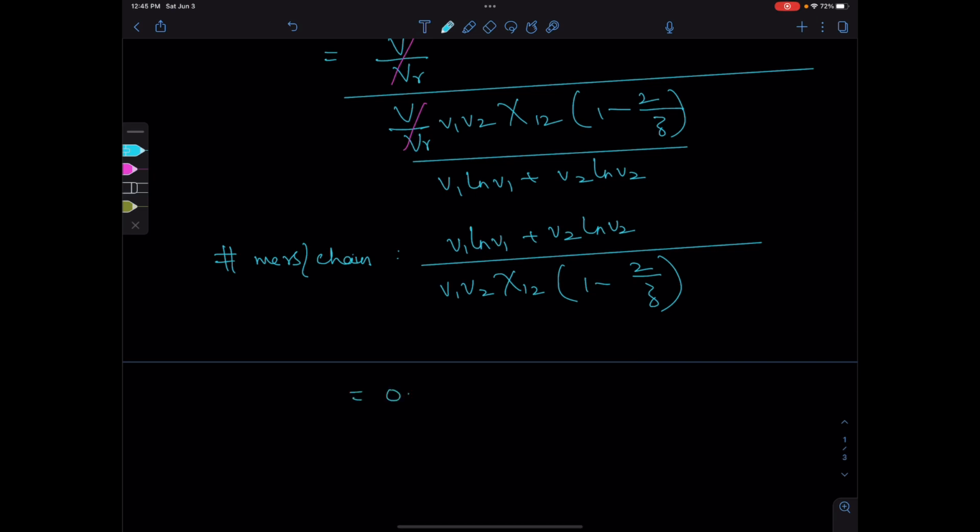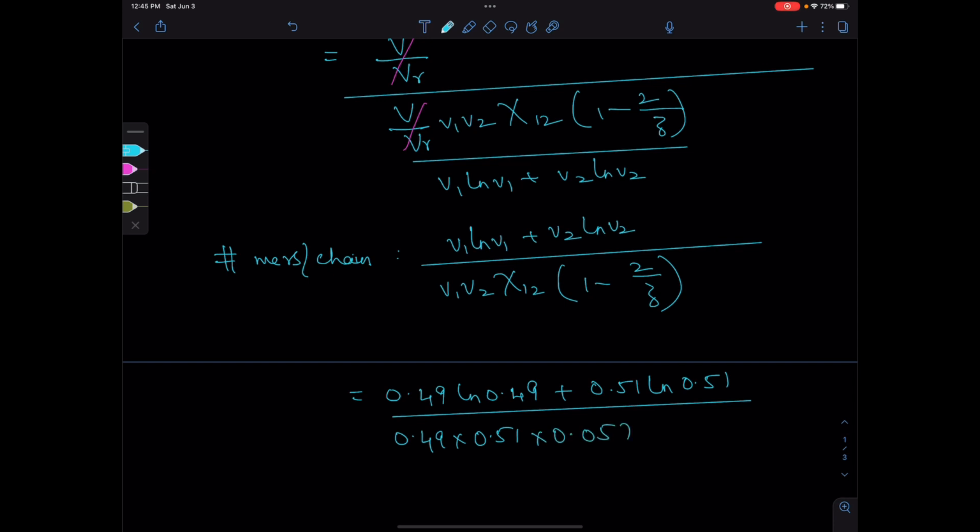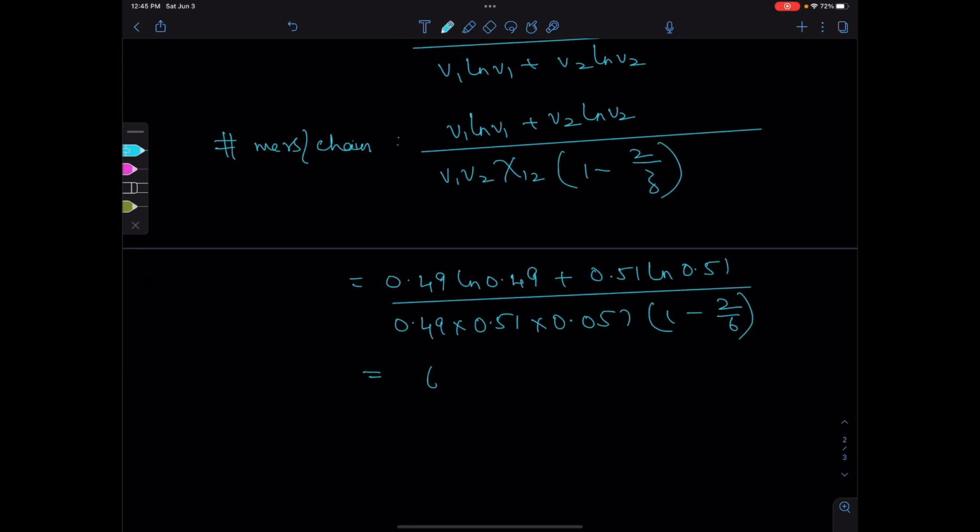If we plug in the values, this would be 0.49 ln 0.49 plus 0.51 ln 0.51 over 0.49 times 0.51 times 0.057 times 1 minus 2 over 6. That gives us 69 mers per chain.